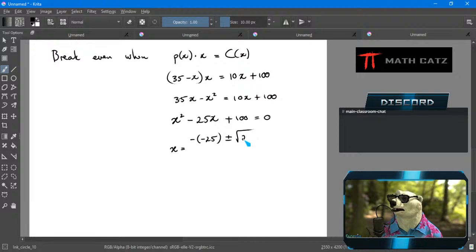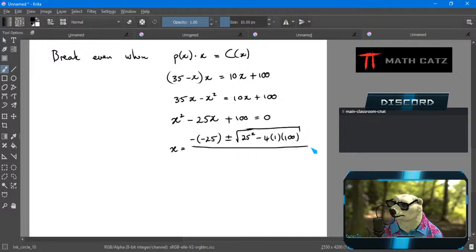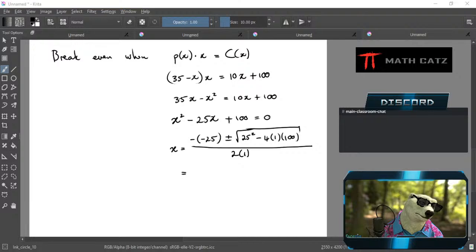B squared is still 25 squared, because the negative will just cancel anyway. Minus 4 times a, which is 1, times c, which is 100. Please, for the love of all things, close that square root so we see what's inside and what's outside, over 2 times a, which is 1. Now let's see perhaps what's inside the square root. Why not?